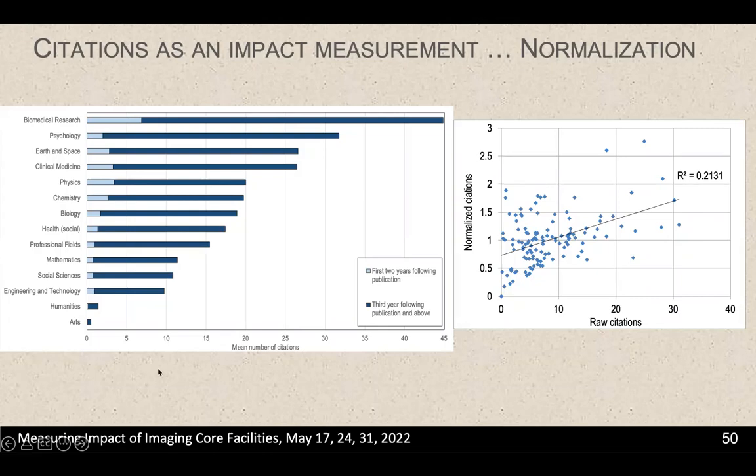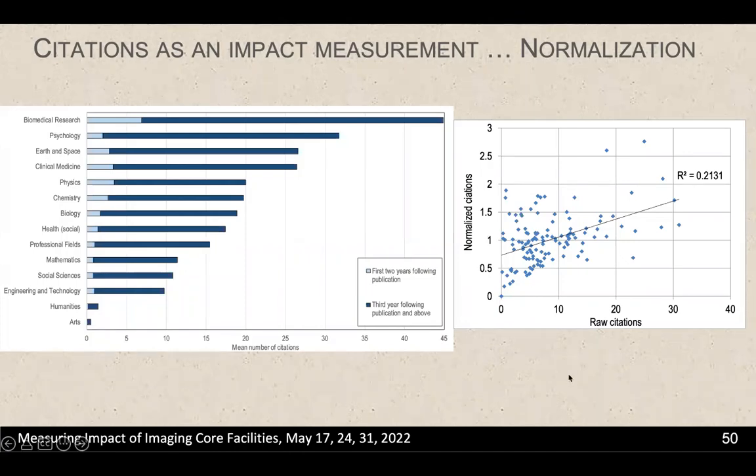And one thing to consider is, if you plot the raw number of citations versus a normalized citation, normalized by field to be able to compare the different fields together, like if you want to compare biomedical research impact versus mathematics, you need to normalize by field.